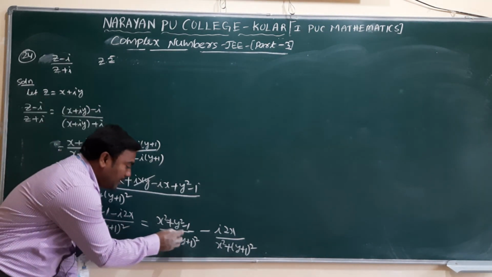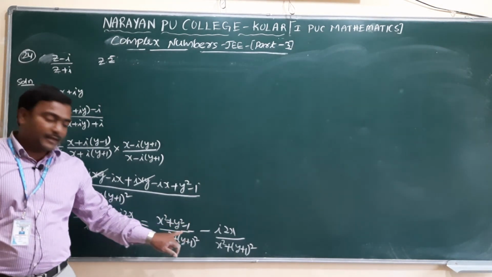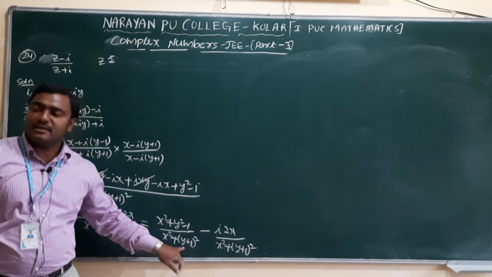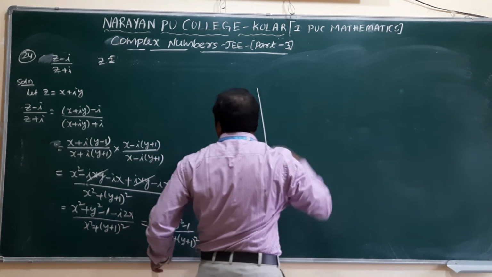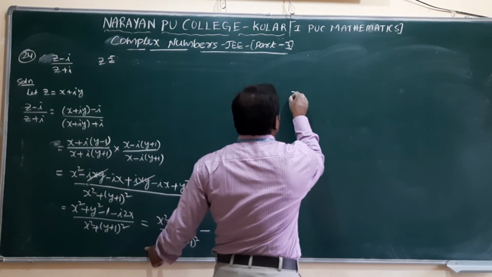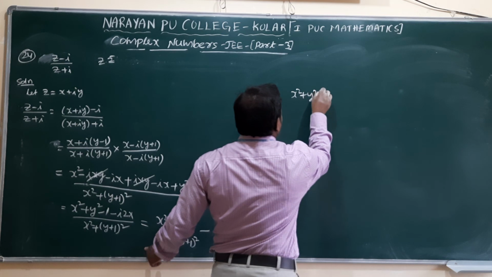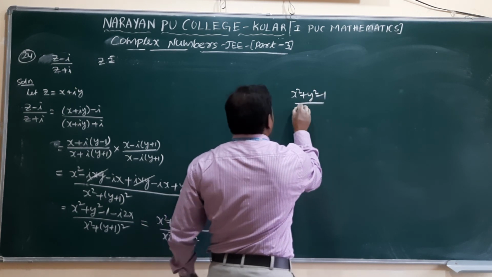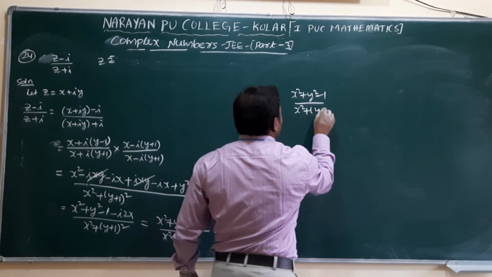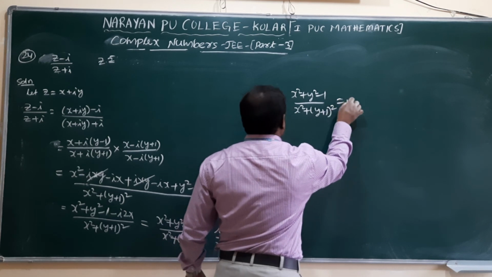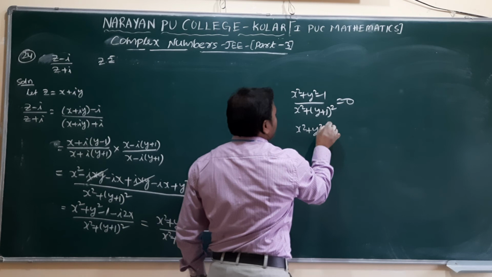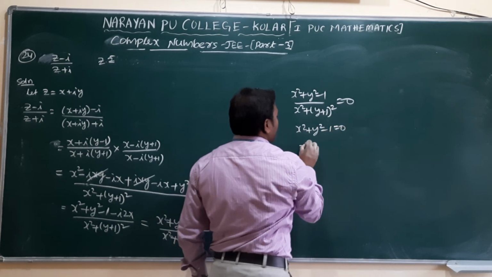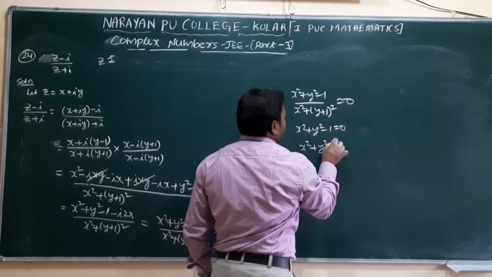The real part, x square plus y square minus 1 divided by x square plus (y plus 1) whole square, is equal to 0. Remaining x square plus y square minus 1 is equal to 0, so x square plus y square is equal to 1.